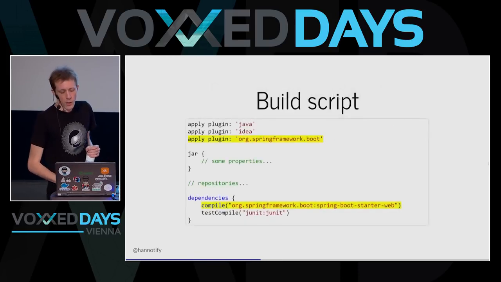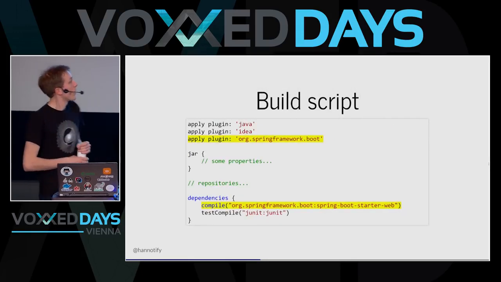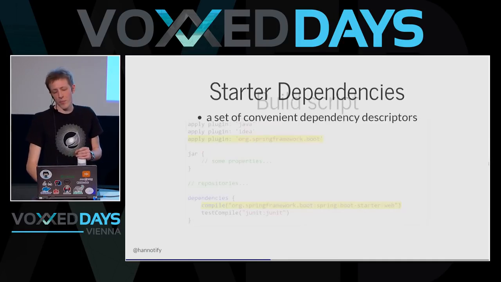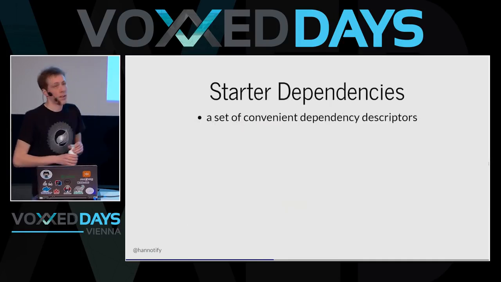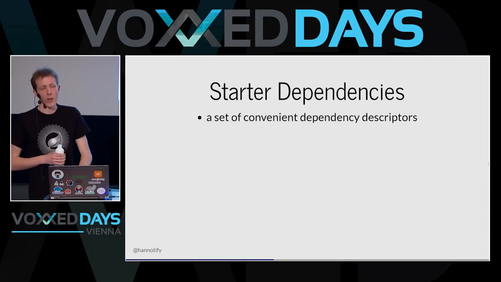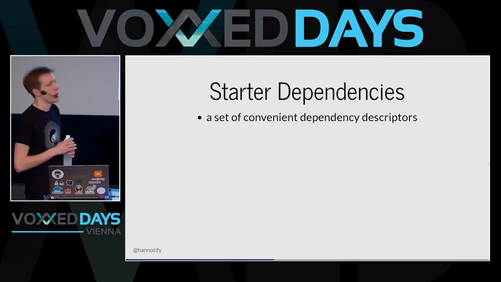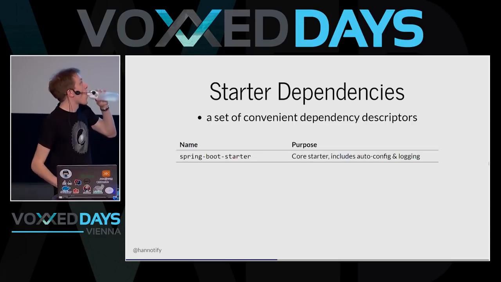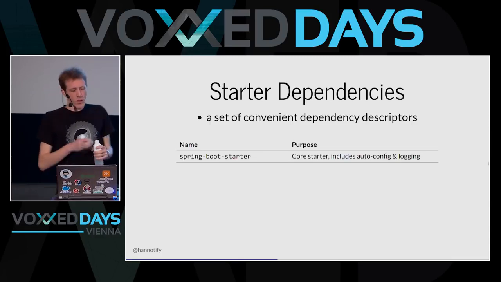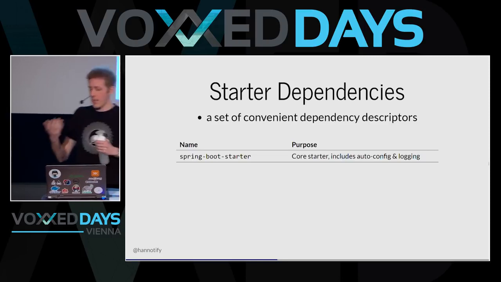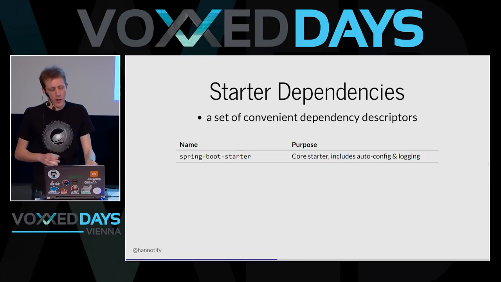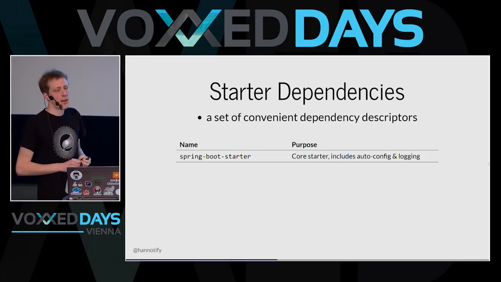So I already showed you the Spring Boot Starter web dependency descriptor in the bottom of the slide. And there are all kinds of starter dependencies, actually, which are all meant to get you started as quickly as possible. There are a few, actually. And everyone actually inherits from this one, Spring Boot Starter, which is the core starter and is bundled with every starter dependency.